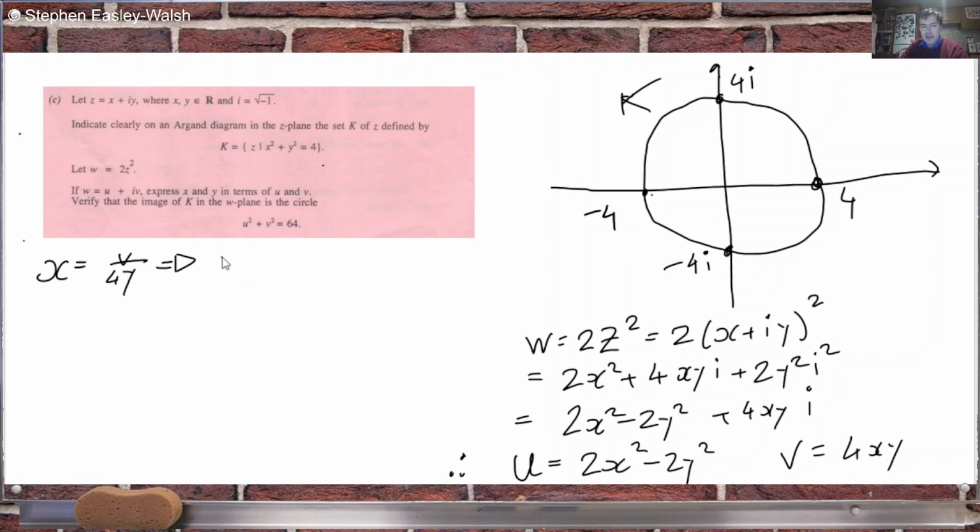So then that means 2x squared, which is 2v squared over 16y squared, minus 2y squared equals u. That doesn't seem right. Hang on, do you know what? Give me a minute to think about this before I jump into it, because this is quite different to what we usually see.